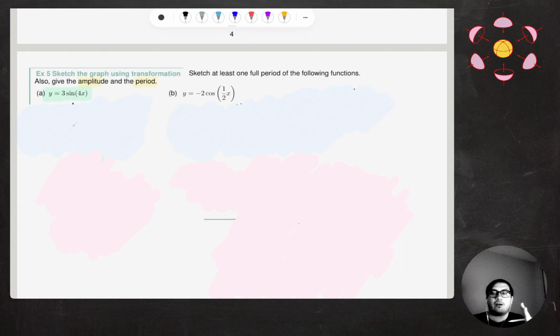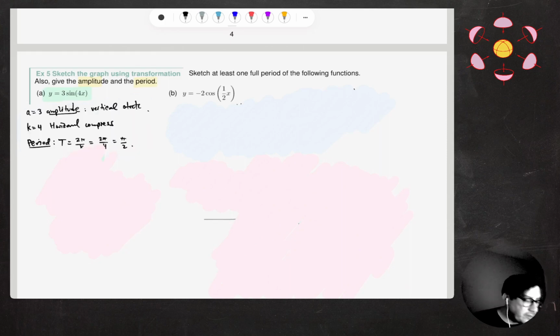Now the 4 is actually going to compress the sine function. So in terms of the notation, the a is 3, that we call the amplitude, and it's a vertical stretch. The k is 4, and it's a horizontal compress.